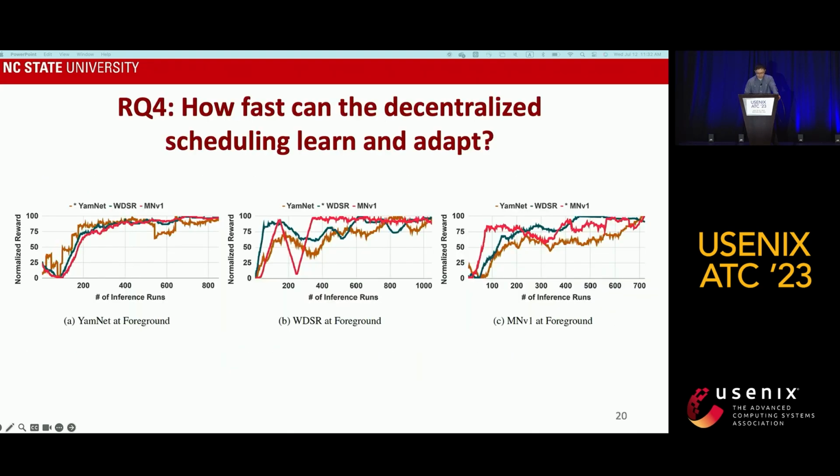And here is another research question: machine learning-based decision models take time to learn, but the dynamic nature of mobile systems demands fast response. Can decentralized scheduling match the convergence speed they need? This figure shows the reward convergence trend of the 3 DNNs in group 2. Each reports the DQN's normalized reward trend to show the DQN converges in different situations.